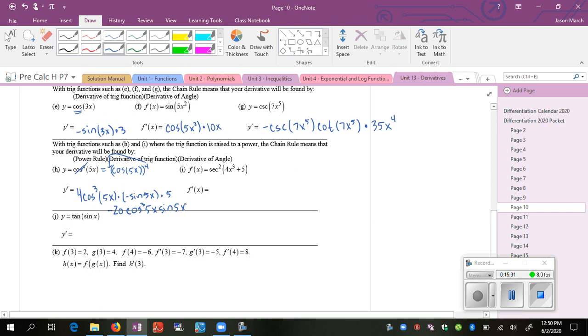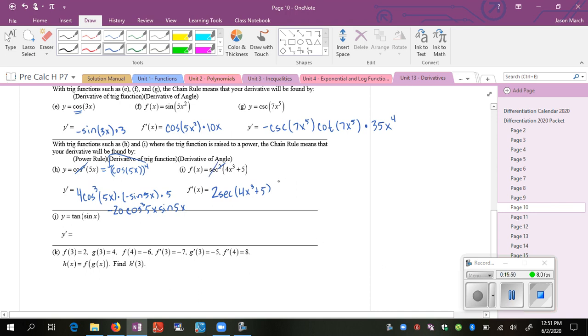Okay, so let's try the next one. Secant squared of 4x cubed plus 5. So first we have to take care of the exponent. Bring the exponent in front, decrease the exponent by 1, so now secant to the first of 4x cubed plus 5. Now we have to take the derivative of the trig function.